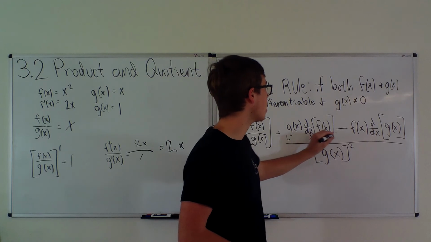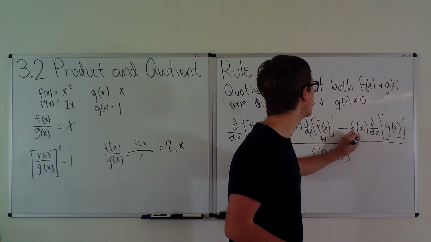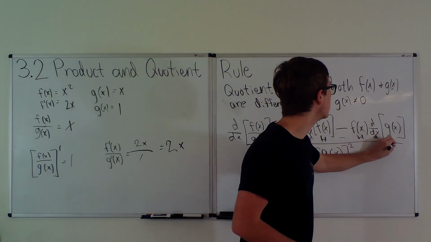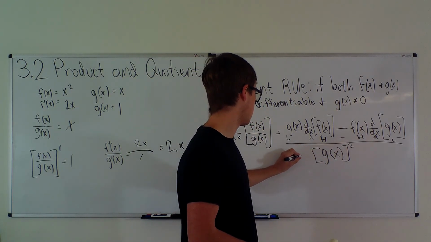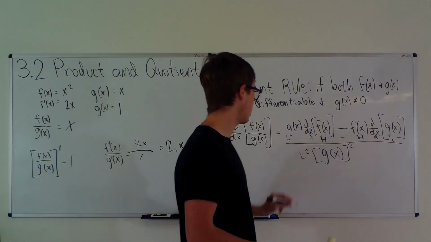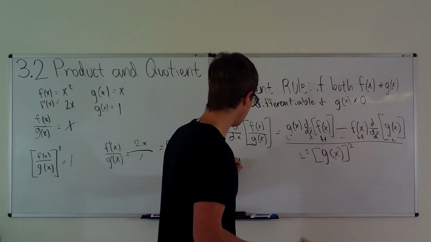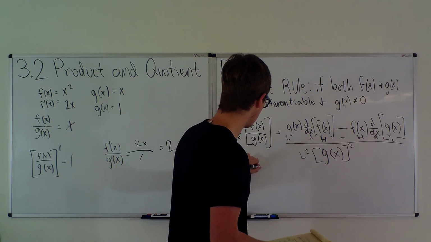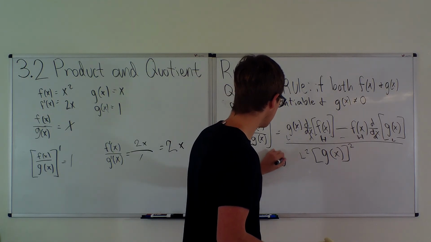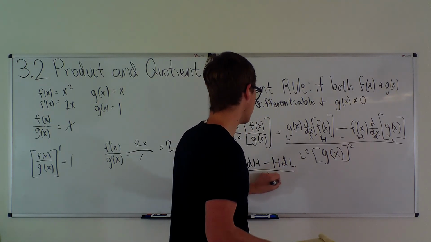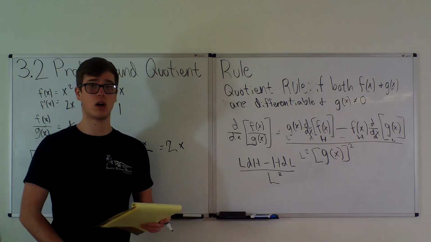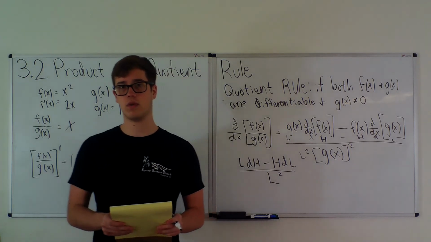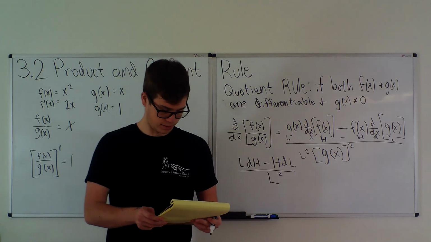So it's low d high minus high d low divided by the square below, so it's squared on the bottom. You can look at it as L dh minus h dl divided by L squared. That's, I'd say, a pretty easy way to remember it.